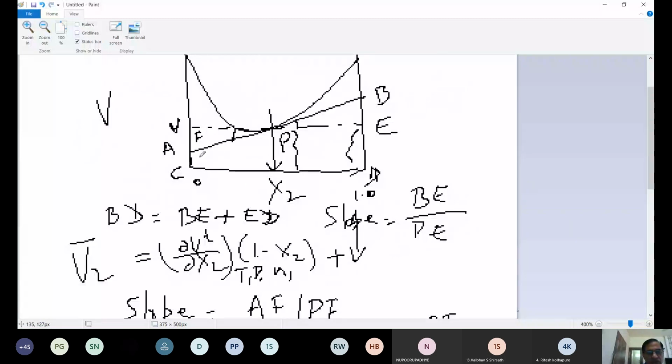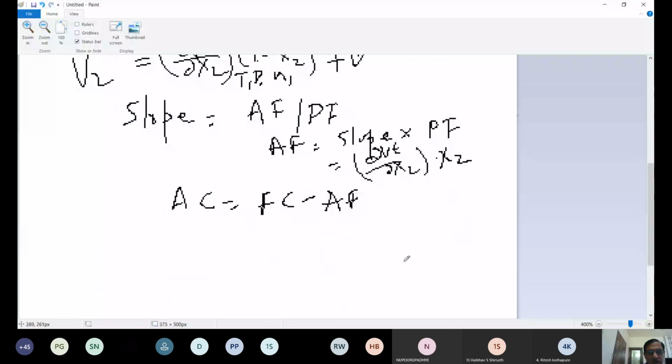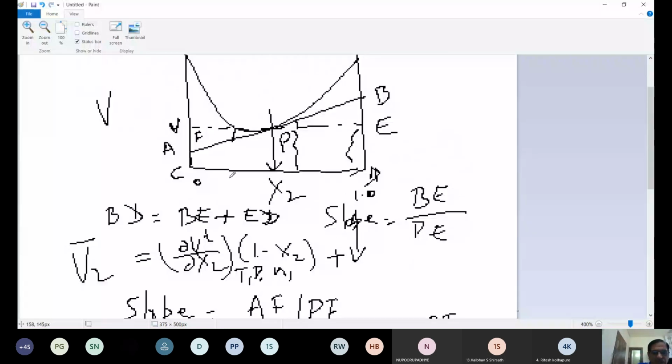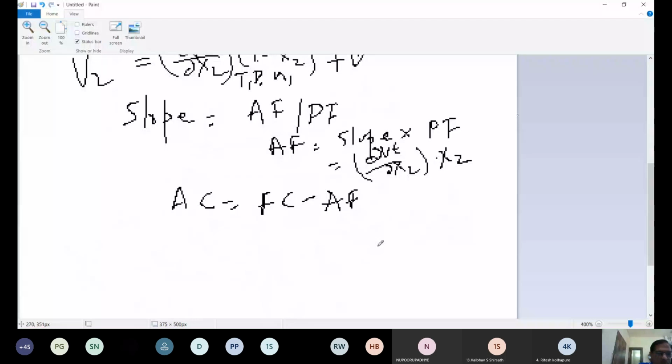And FC is nothing but capital V. This is what we said, right? So what we get is capital V minus x2 into double VT by double x2. This is nothing but V1 bar by definition, the derivation which we have done.